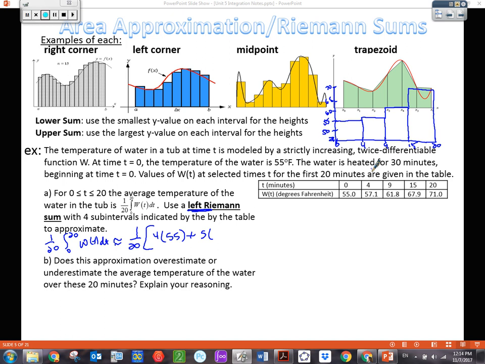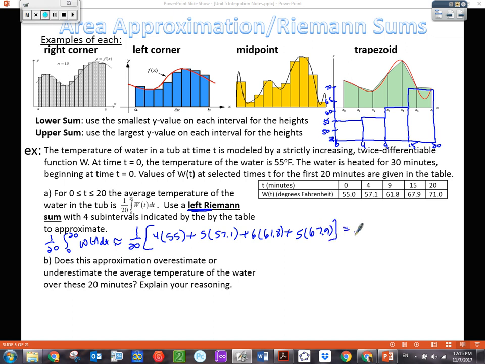And the height is 57.1. Plus the width of this third rectangle between 9 and 15, what is that, 6? And the height of this rectangle is 61.8. Plus the width of this last rectangle, that's 5, and the height of this last rectangle is 67.9.